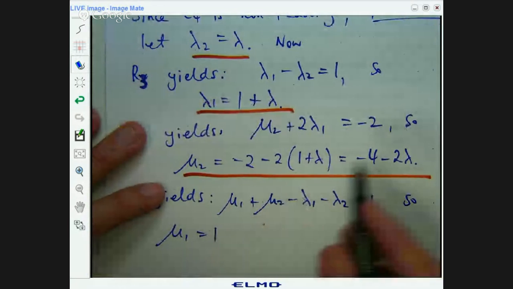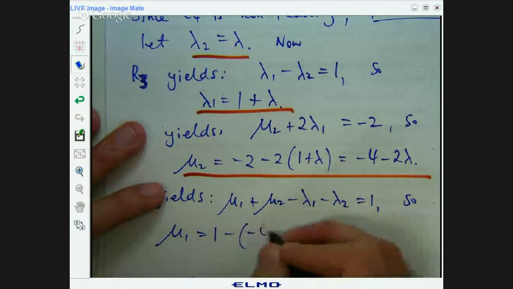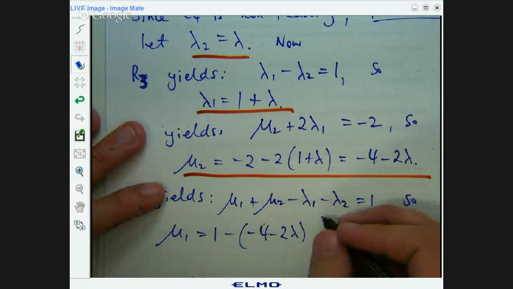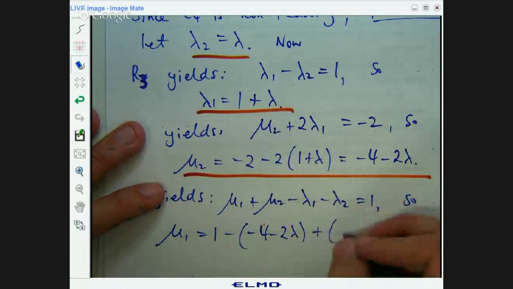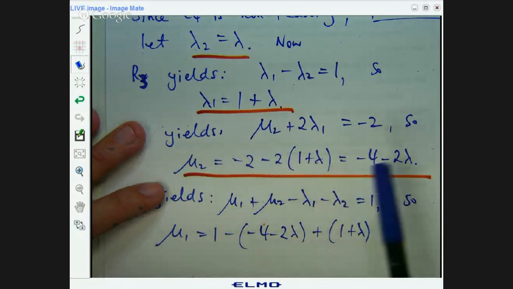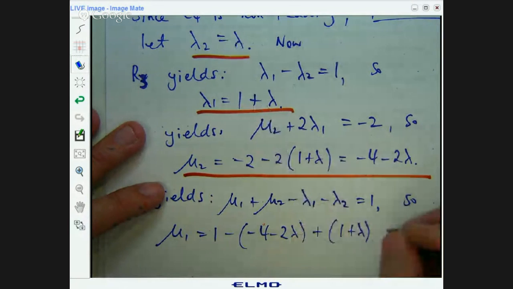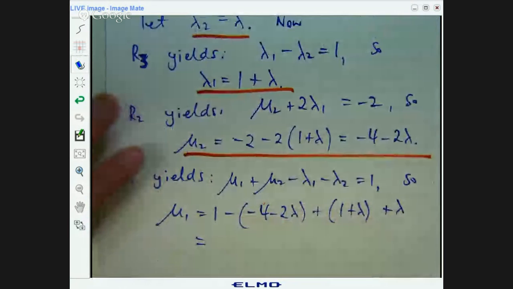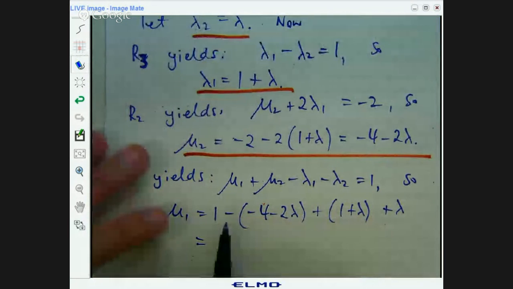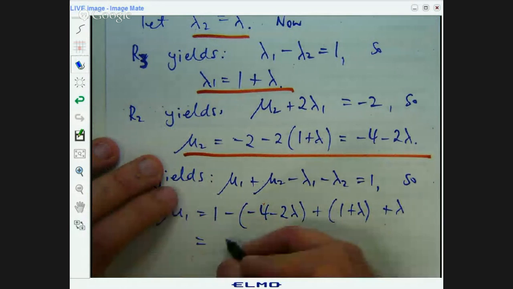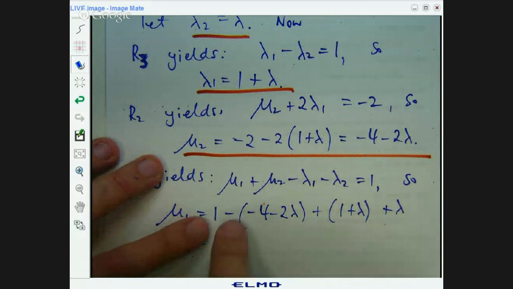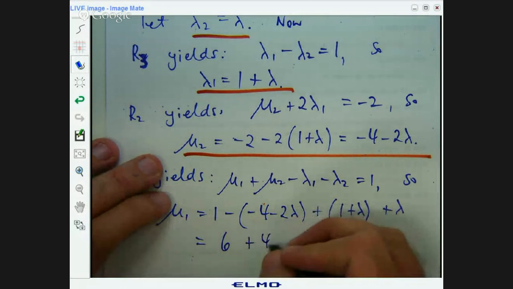Mu 2 is that, plus lambda 1, which is that, plus lambda 2, which is that. Now all we need to do is simplify. Hopefully this simplifies well. We've got 1 plus 4 plus 1, and then positive 2 lambda plus lambda plus lambda plus 4 lambda.